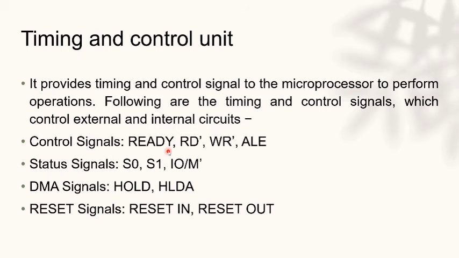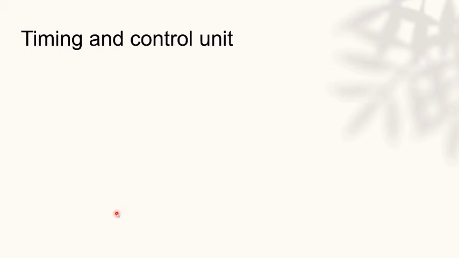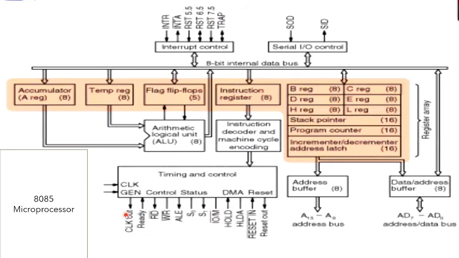Control signals: READY, RD bar, WR bar, ALE, and status signals S0, S1, IO/M, and DMA signals HOLD and HLDA, and reset signals RESET IN, RESET OUT. Now take a look at the architecture. You are able to see, right?